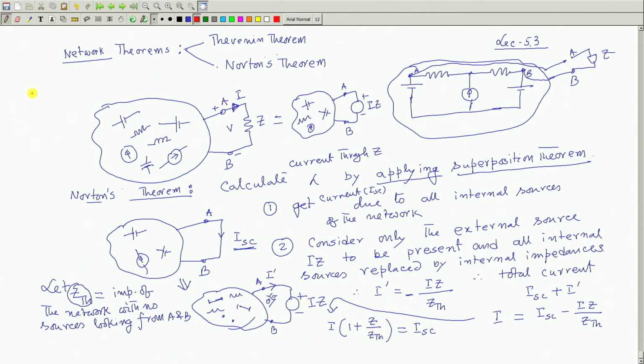Therefore, I will be equal to I SC divided by 1 plus Z by Z Thevenin's, which is equal to Z Thevenin's by Z plus Z Thevenin's into I SC. This is the thing I is equal to.